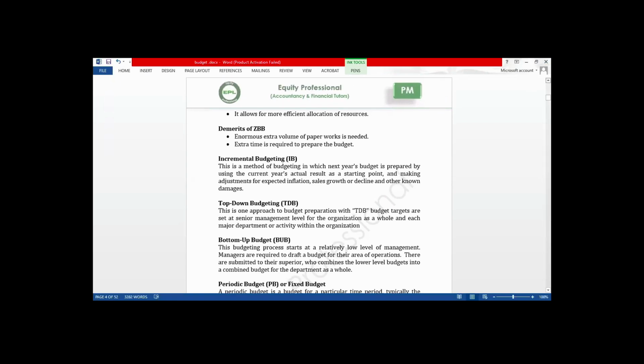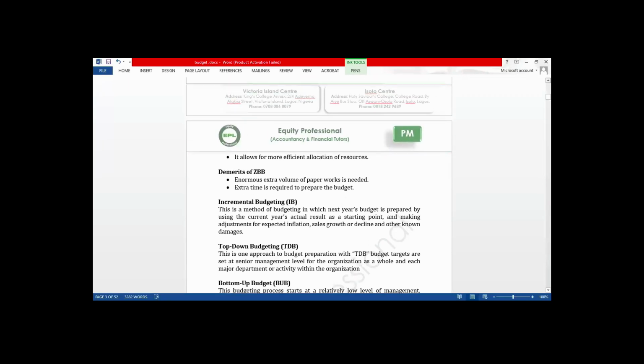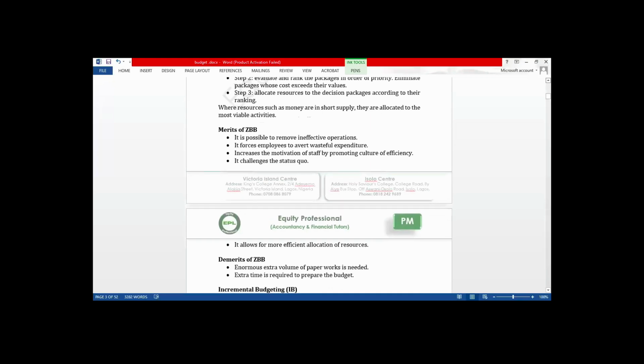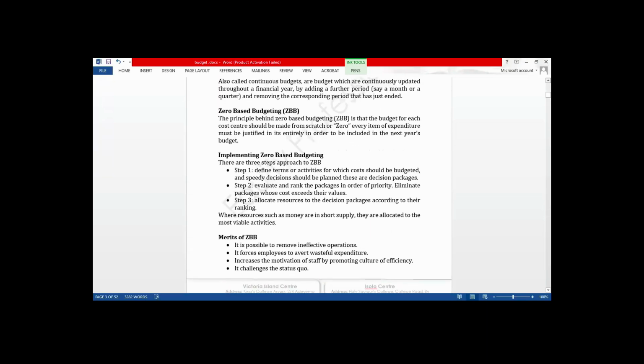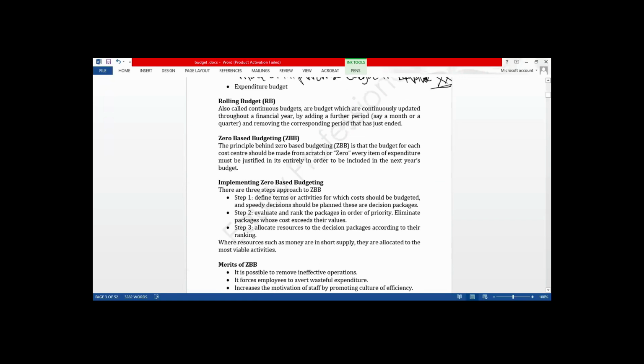Now we have budgeting system. You can talk of rolling budgets. These are budgets that are continuously updated throughout the financial year. For example, assuming we prepare budget every 3 months, our budget is to cover 3 months, January, February, March.